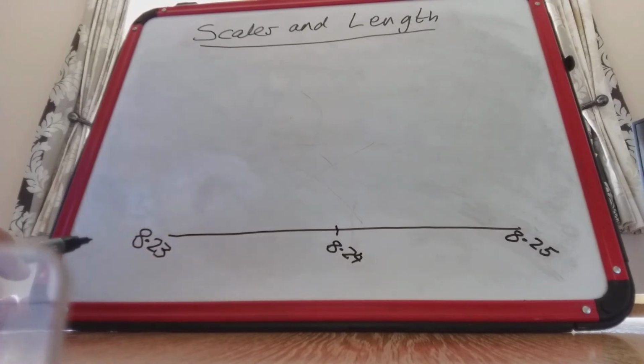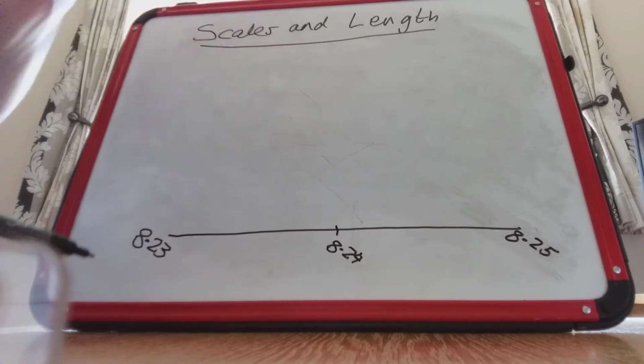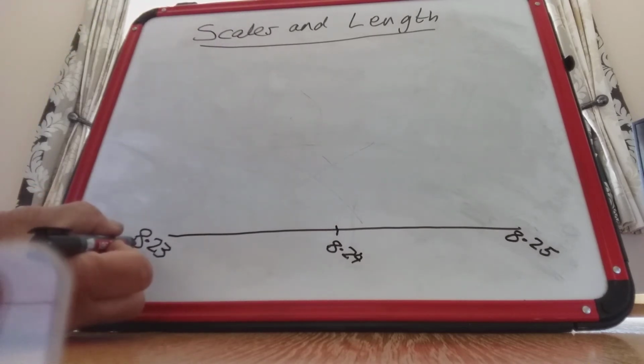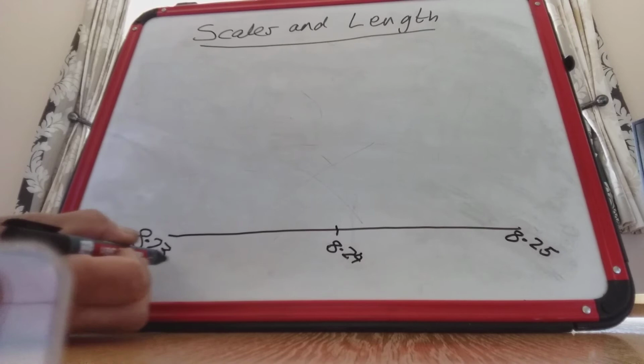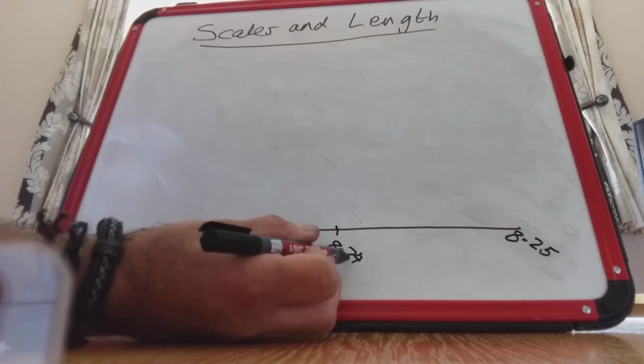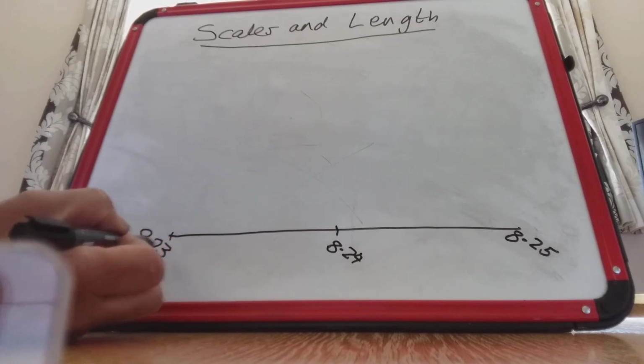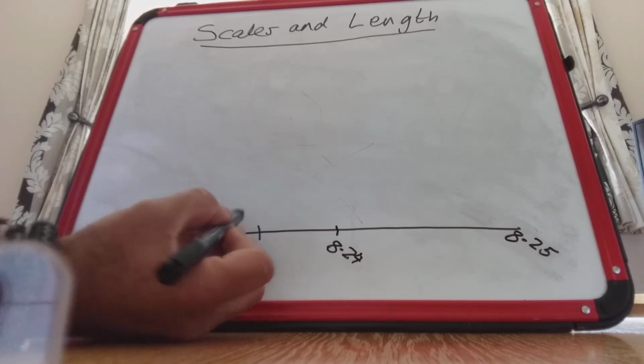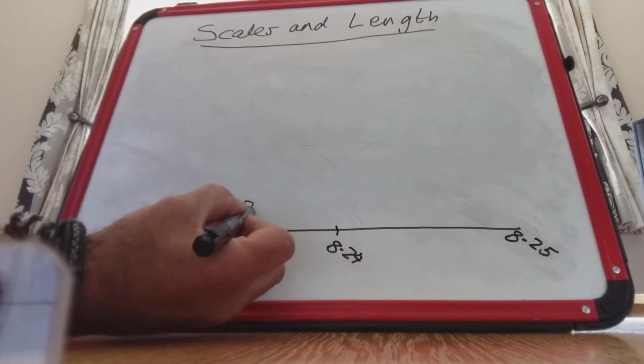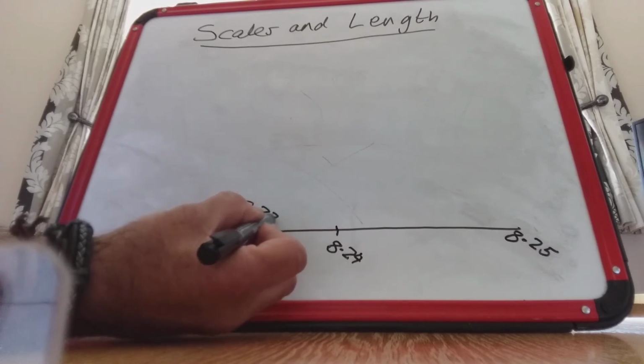Okay, now on to the very last example of the scales and length lesson. We've got here 8.23, and down here we've got 8.24. So that means that halfway would be 8.23.